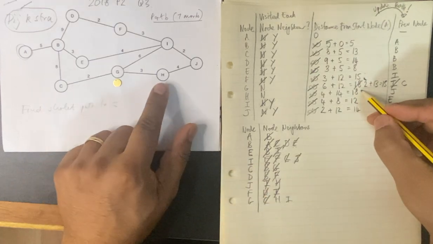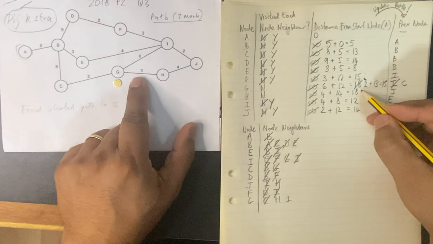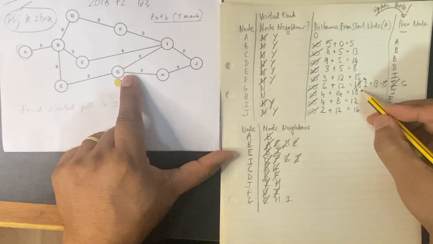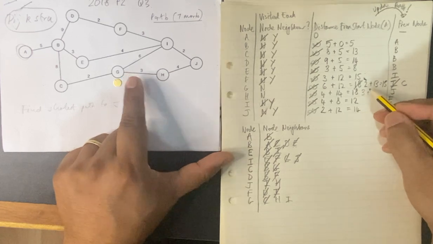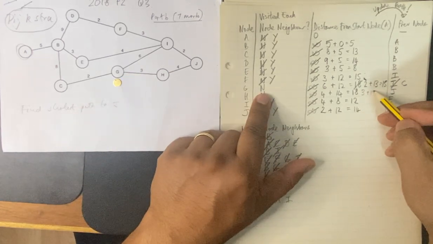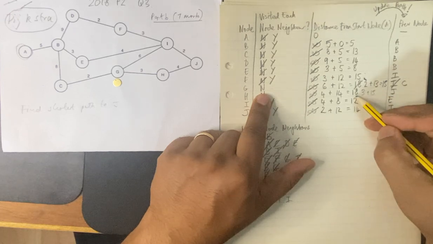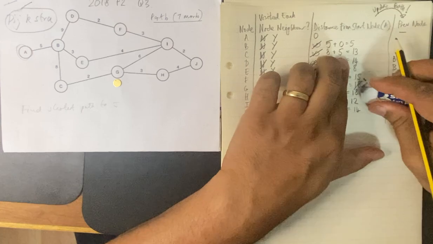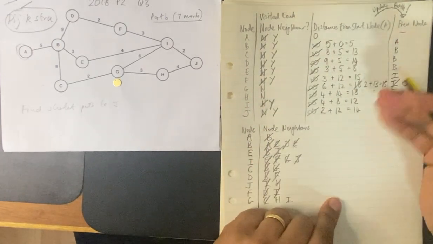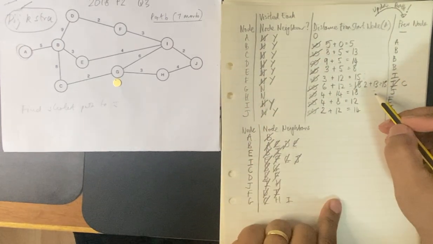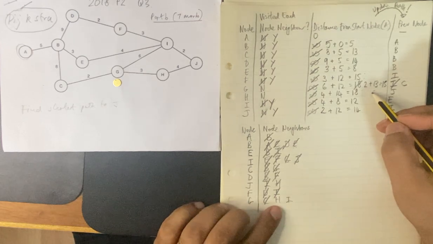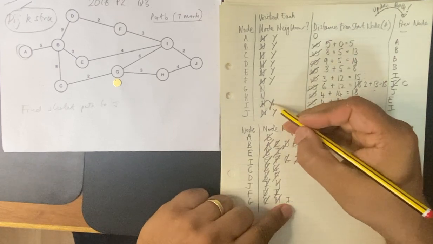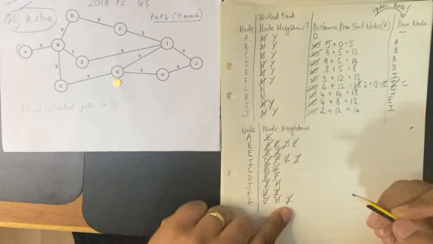Now, H, right, so 3 plus the distance of G from the start, so it'd be 3 plus 15, which is 18. 18 is not smaller than 18, so we don't update the row with the smaller value. Okay. All right, so we've finished H. I has a Y here, so we don't do anything further, so we just cross it off.